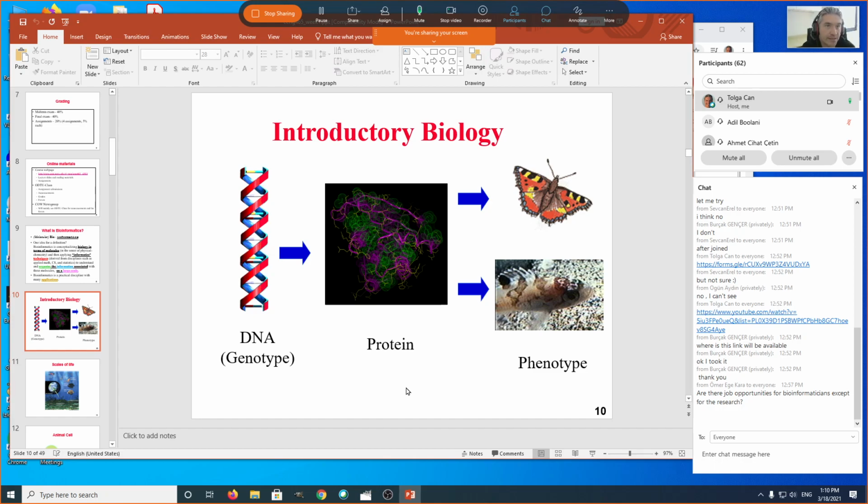Some are like signal transducers: there's a signal outside of the cell, and that signal has to be propagated inside the nucleus, for example. By a cascade of interactions between different proteins, they propagate that information in the cell. So what happens in a cell is really thousands of proteins working in harmony together.